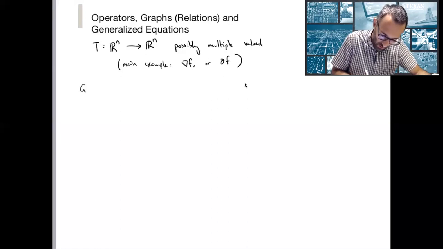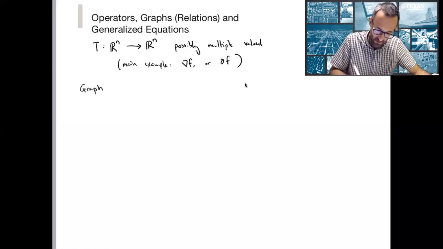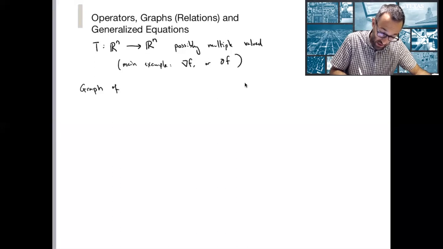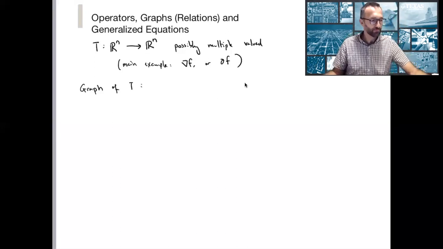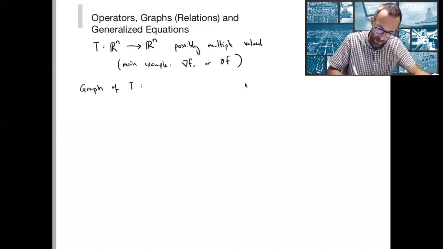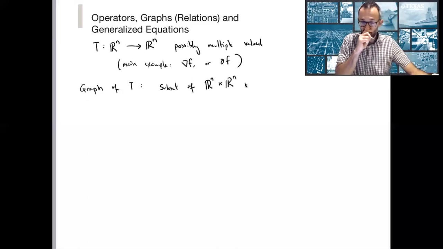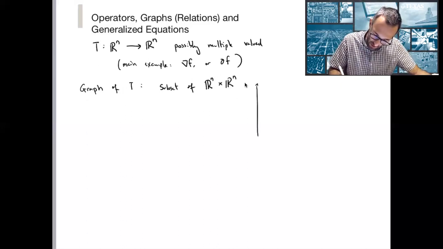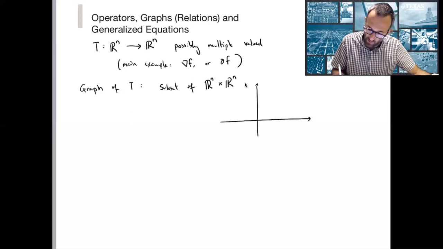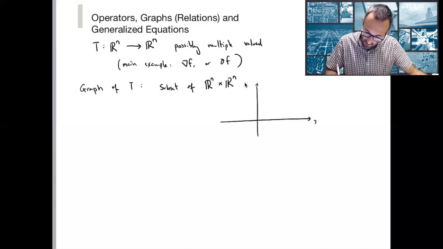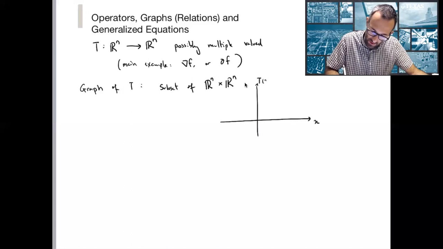So the graph of an operator T is going to be a subset of Rn cross Rn, and I could just draw this using each axis to represent n dimensions. This would be x, and this would be T of x.